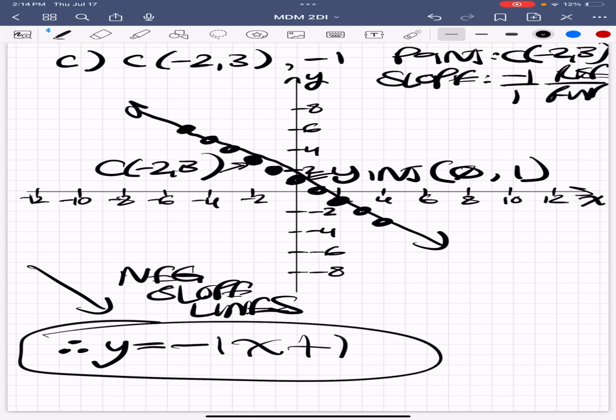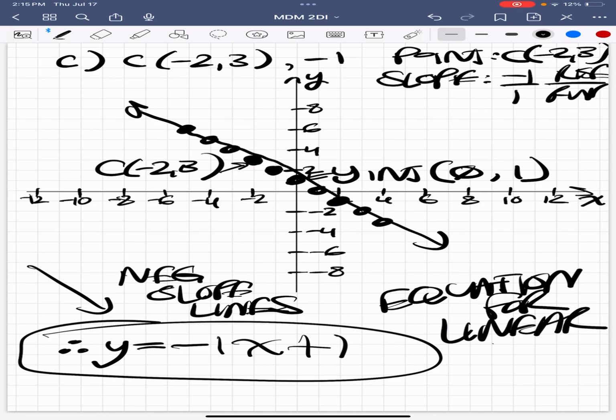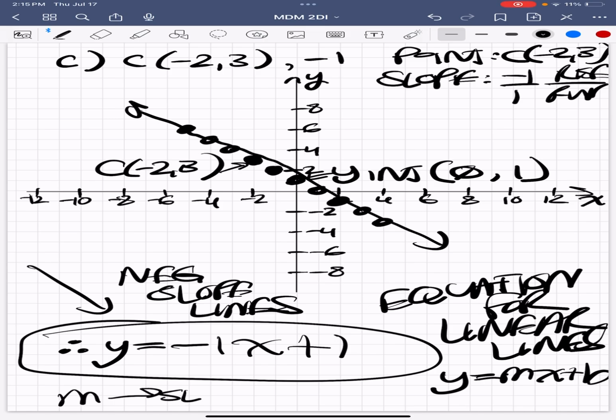And that's the equation for the line. y equals mx plus b, with m being slope, and b being y-intercept. And then we found the y-intercept, or we can look at it as b for the equation of the line.